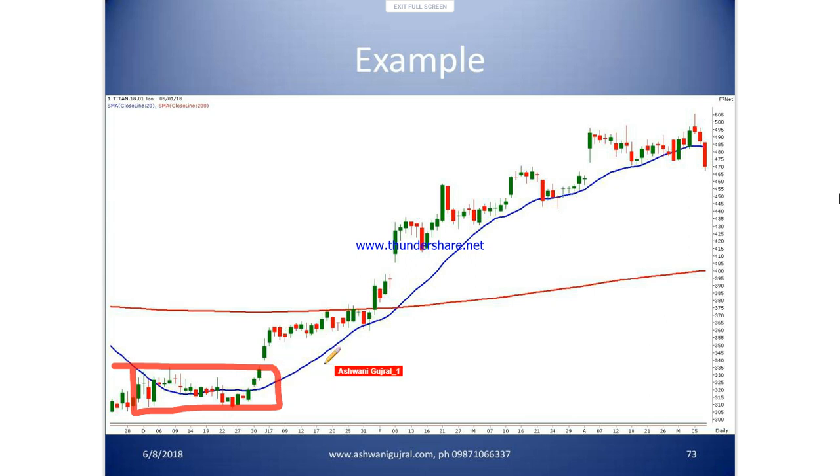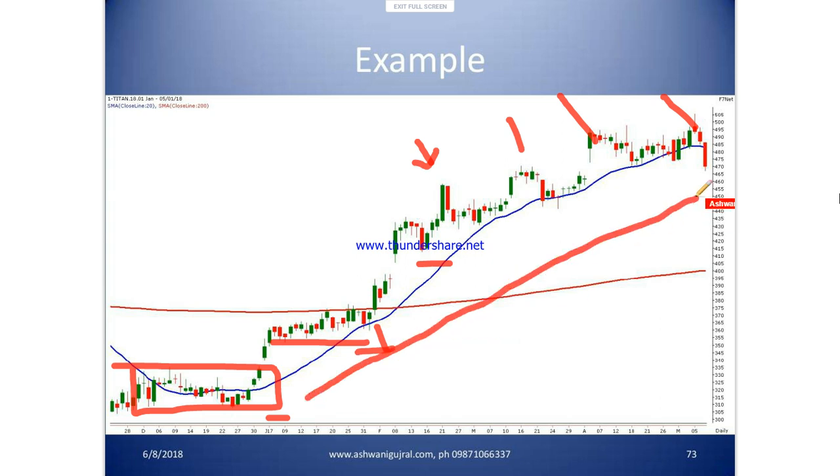Narrow range, breaks out. Look at this. This is a shallow correction. Move sideways only. Add, stop updation, add, take 25% off, 25, done.